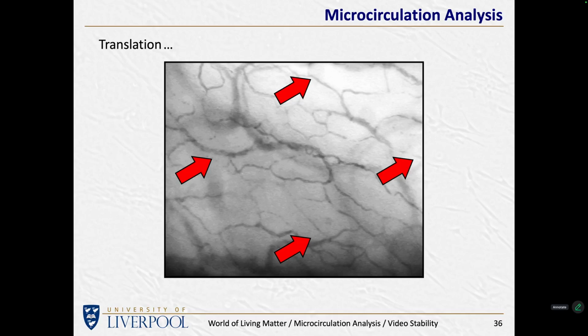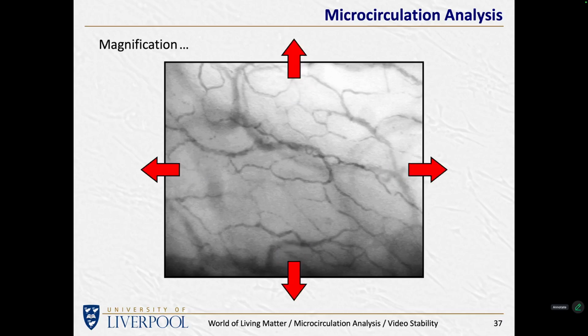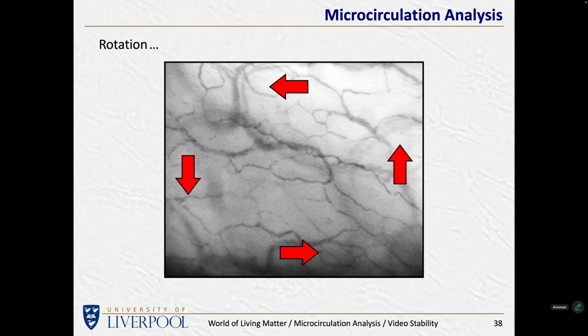Therefore, there could be motion as indicated by the red arrows. But it's also possible that the magnification changes slightly, and so the image might appear to get bigger or smaller. And it's also possible, because you can't hold the microscope perfectly still or expect the patient to keep their tongue still, there might be a rotation there as well, again indicated by the arrows.